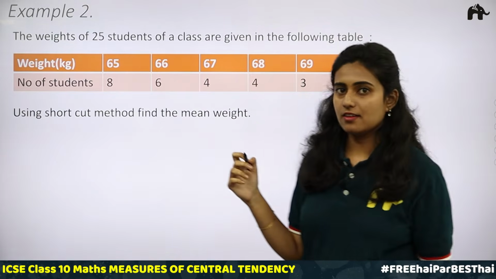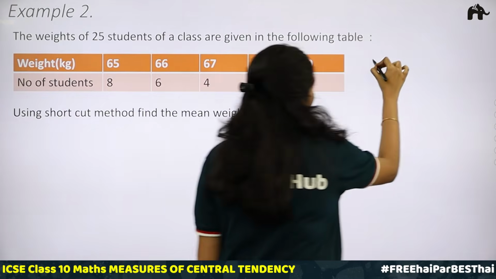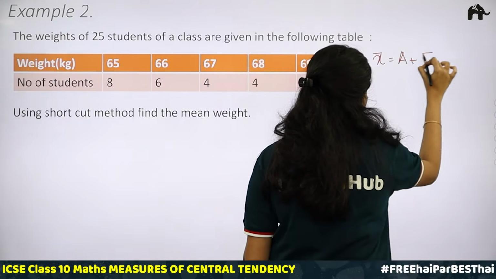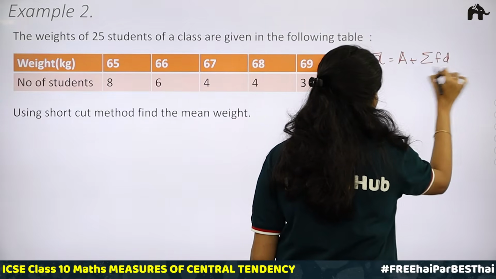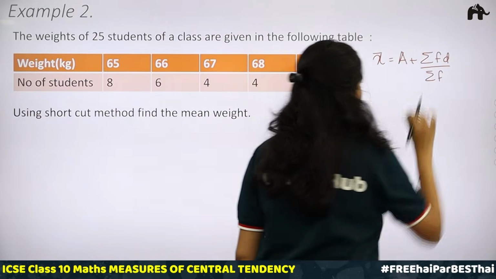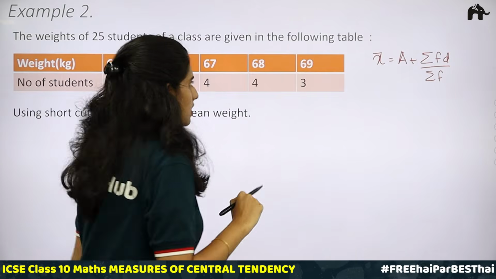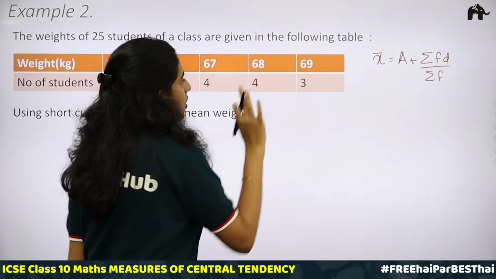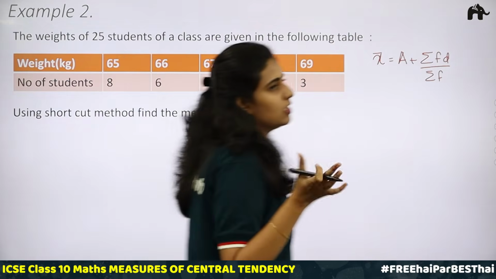What is the formula? Yes. X bar is equal to a plus sigma FD divided by sigma F. What is D? D is the deviation. What is A? A is the assumed mean. So, shortcut method or the assumed mean method. What are the columns?